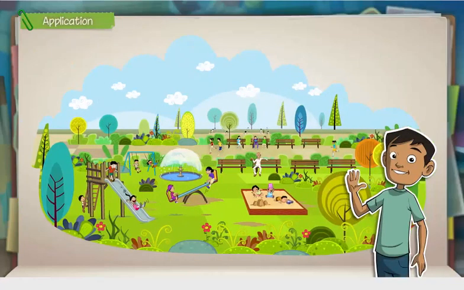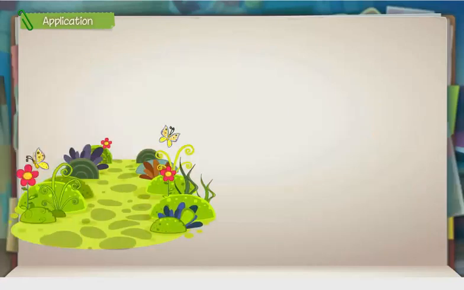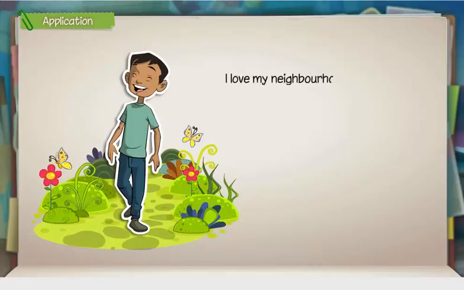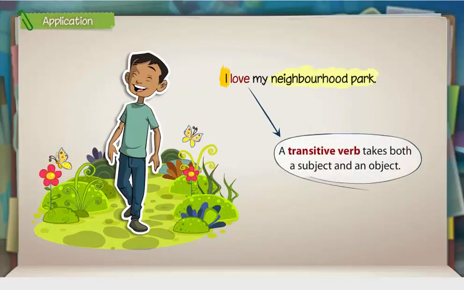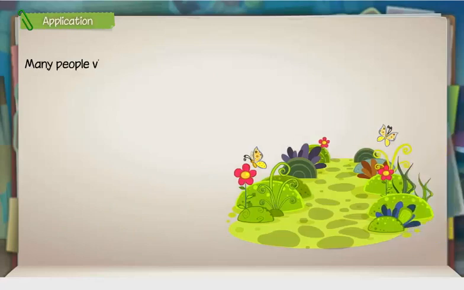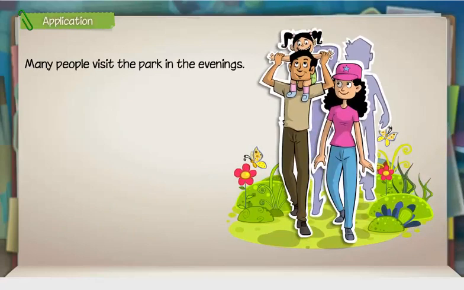Let's see how Sunny uses transitive and intransitive verbs when describing his experience at the park. I love my neighborhood park. Many people visit the park in the evenings.